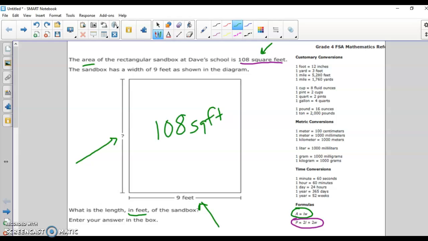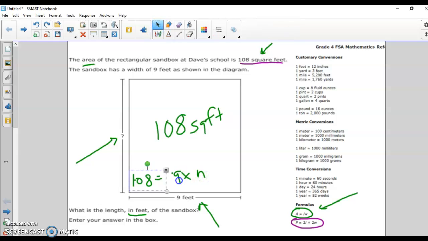If I look down at my formula here, I know the area, which is 108, is going to be equal to our length times our width. So 108 is equal to, we already know our width, 9. 9 times a certain number is going to be equal to 108.